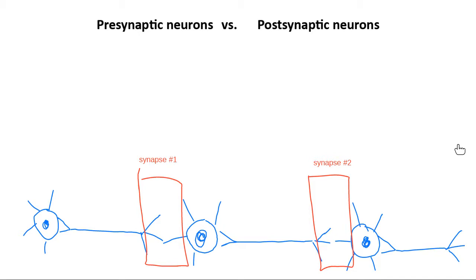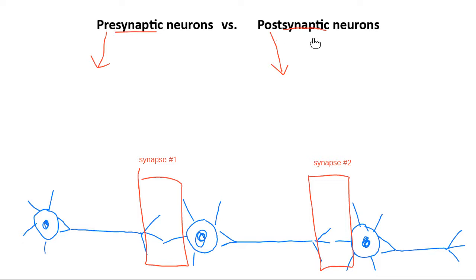The big idea with our neurons when we're using these terms presynaptic and postsynaptic, always make sure that you know the location of the synapse, because that's how we figure out if you are in front of it or if you're after it. We need to know what synapse we're talking about. Presynaptic neurons bring a message.